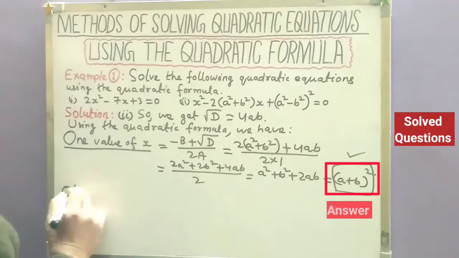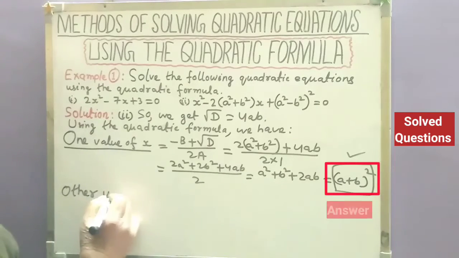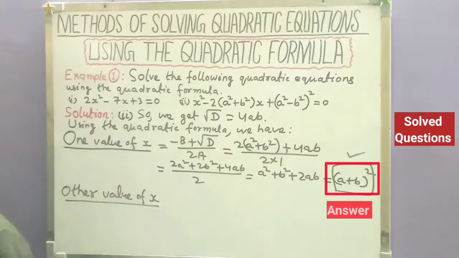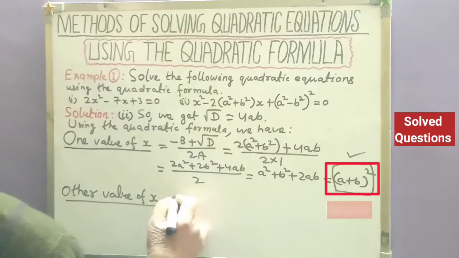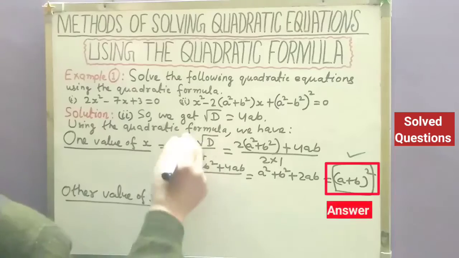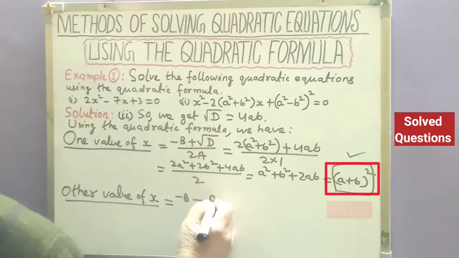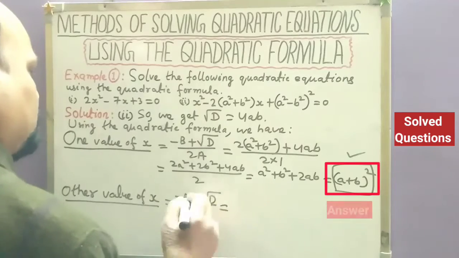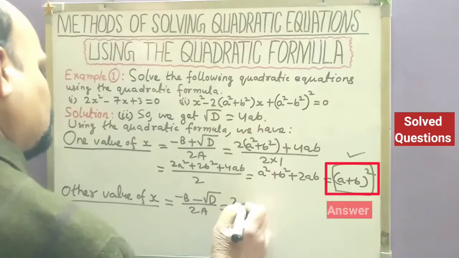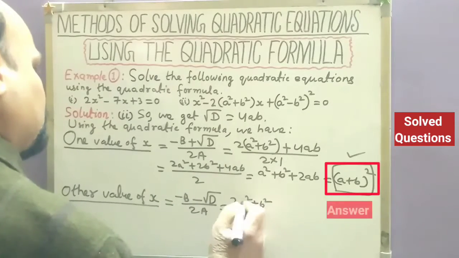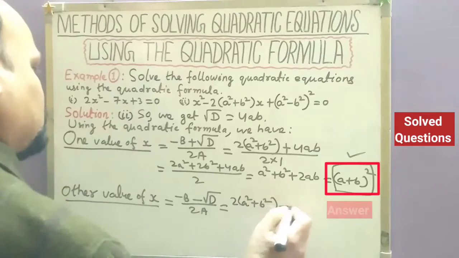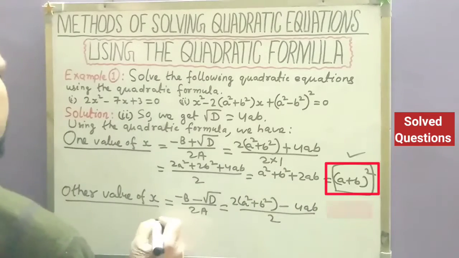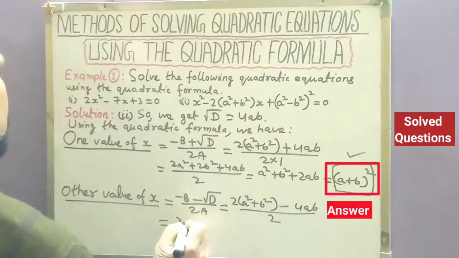Now the other value of x equals minus b minus square root of D upon 2a, that equals 2 into (a square plus b square) minus 4ab upon 2.